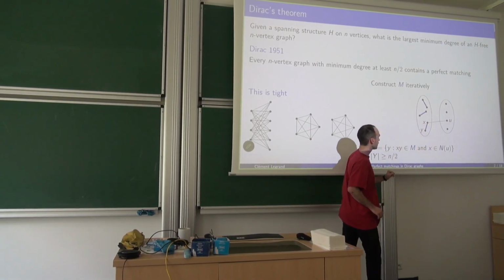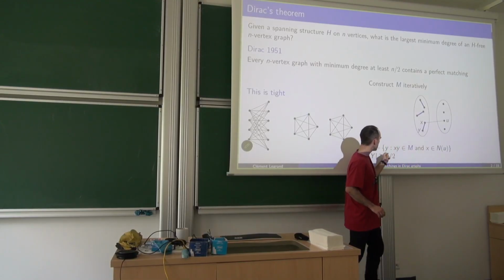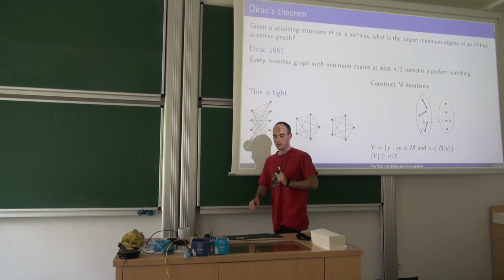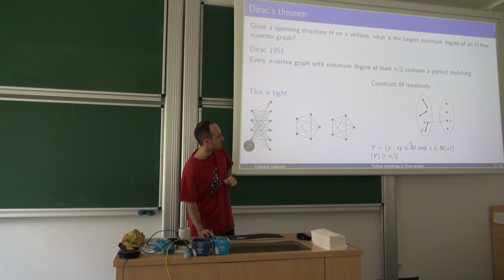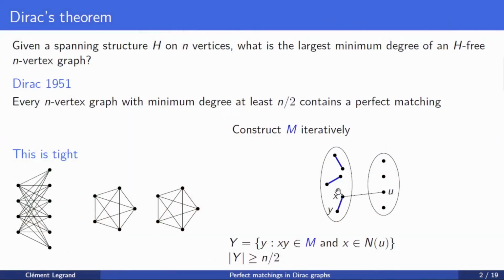Given some vertex u, let me denote by Y the set of all vertices y that are matched in my matching to some neighbor of u. So this set Y has size at least n over 2. Then when I take any other vertex in my leftover here on the right, it also has n over 2 neighbors here.